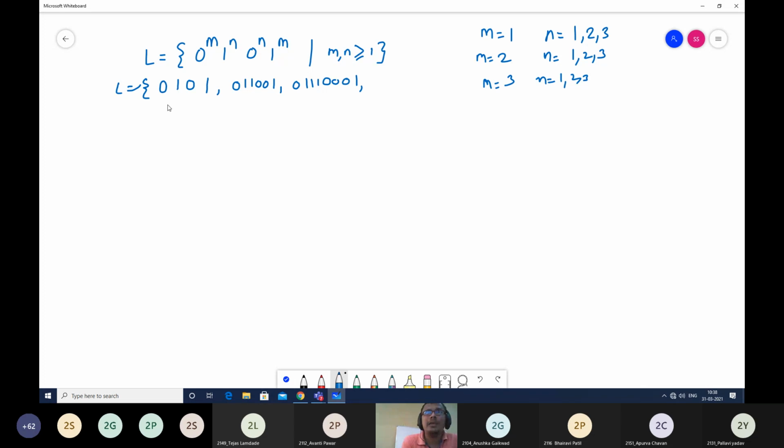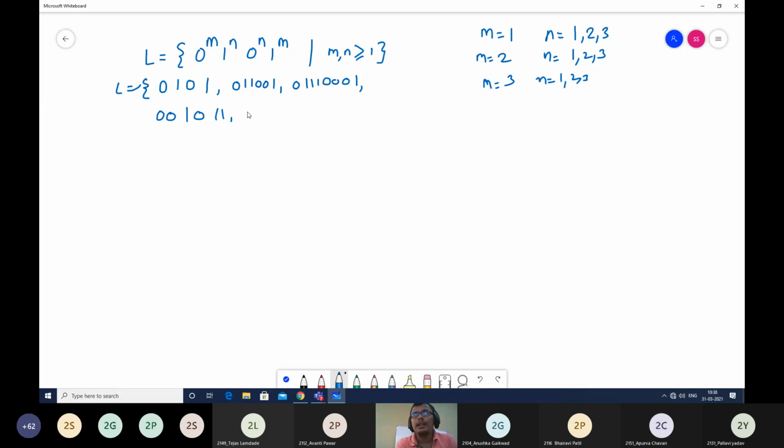Now next, if my value of m is 2, outside I'll have 2 zeros and 2 ones, because the value of m is now 2. Now inside that, what do I have? The first value of n is 1. So inside that, if the value of n is 1, I'll have 1 1 and 1 0.